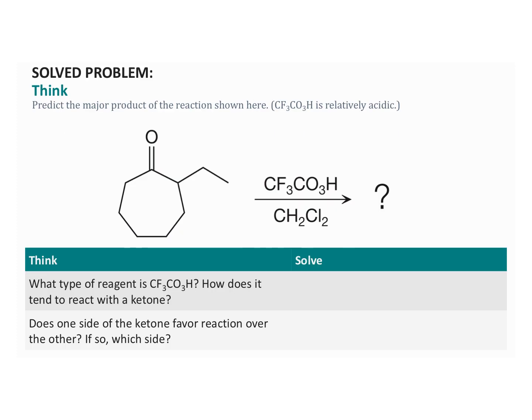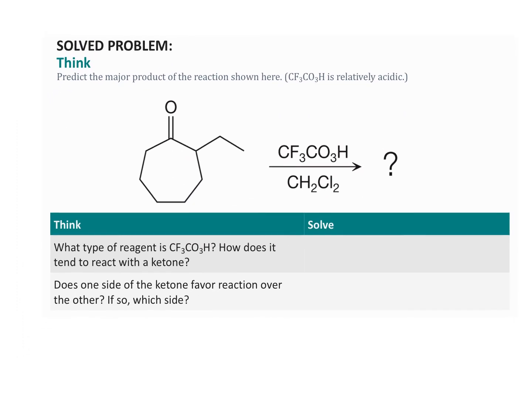So let's look at an example. Predict the major product of the reaction shown here. We've got CF3CO3H, and that's relatively acidic. When we look at this, we recognize this is a peroxy acid, and we have a ketone.